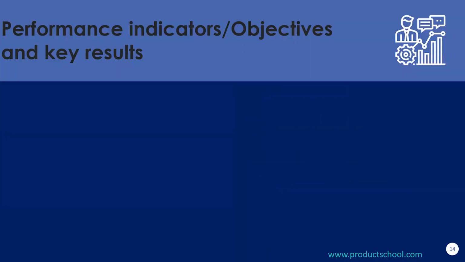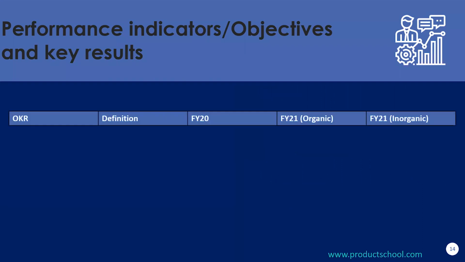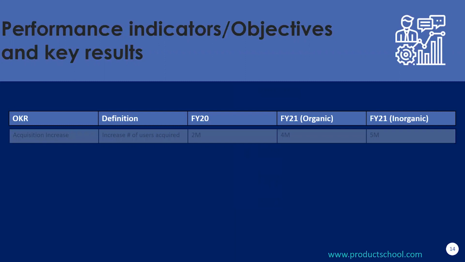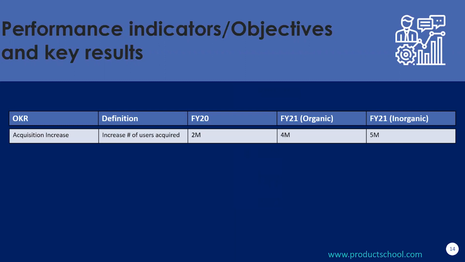A little bit more about the objectives and key results or the performance indicators. On a very high level, they are the objective of trying to do that particular experiment or trying to push the feature through. So my objectives and key results could be very simple.